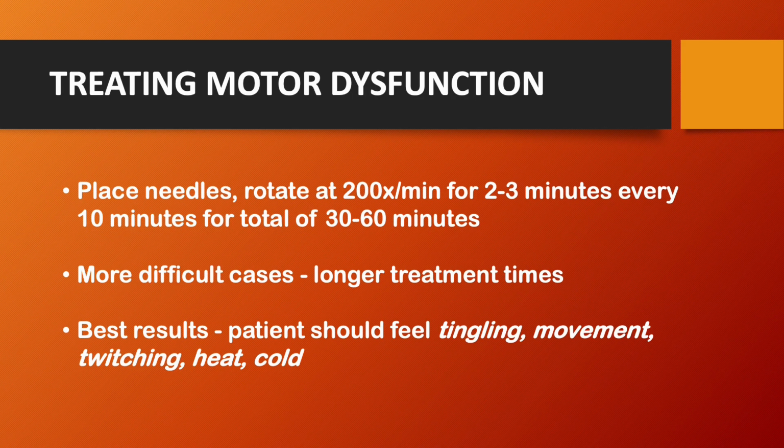Treating motor dysfunction: place needles and rotate them at 200 times per minute for 2 to 3 minutes every 10 minutes for a total of 30 to 60 minutes. More difficult cases require longer treatment times. For best results, patients should feel something in the reference area: tingling, movement, twitching, heat, and cold.